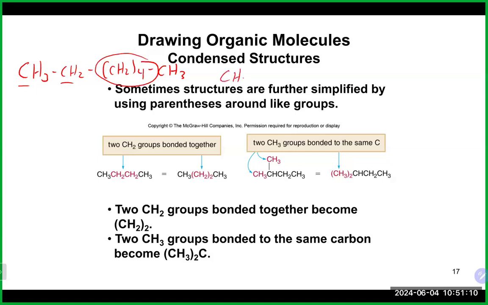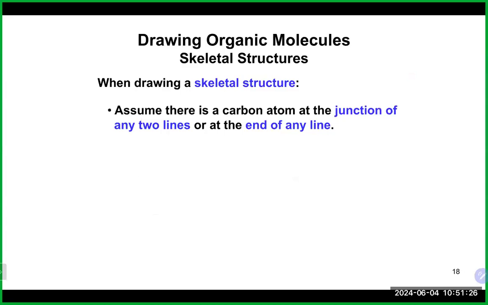So it's just this guy, and then you would technically have these 4 guys in a row. So sometimes those get shorthanded because there's a really long carbon hydrogen chain. That CH2 is very commonly used as well.